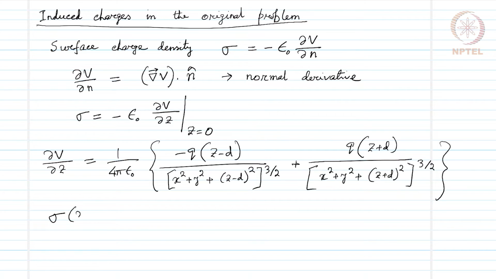So, if we now calculate the expression for sigma, that is the surface charge distribution, that will be minus q d over 2 pi times (x squared plus y squared plus d squared) to the power 3 by 2.